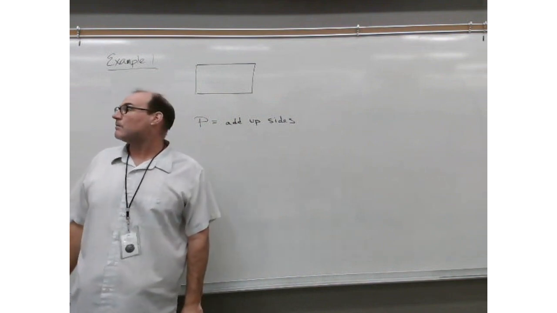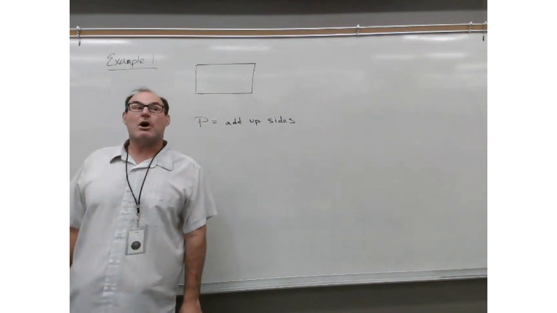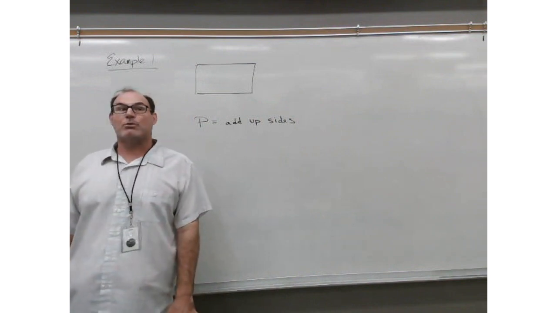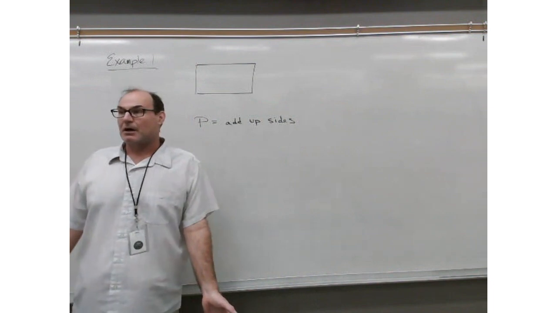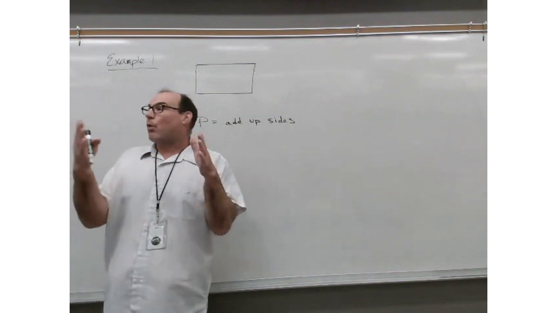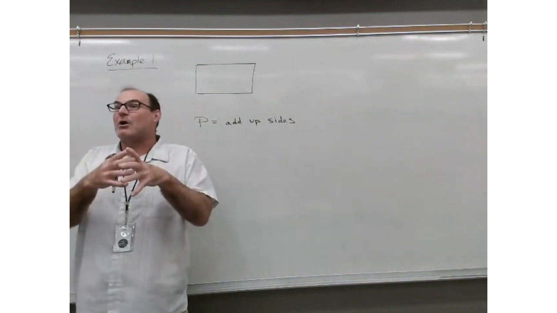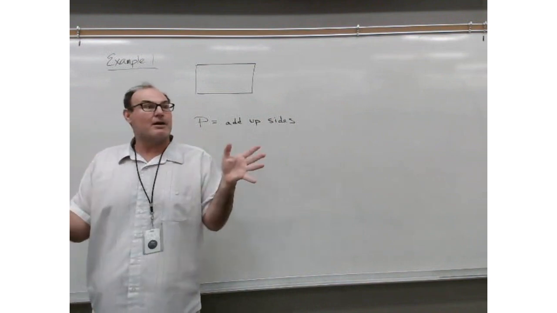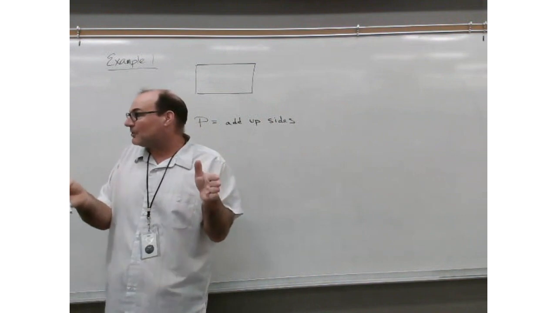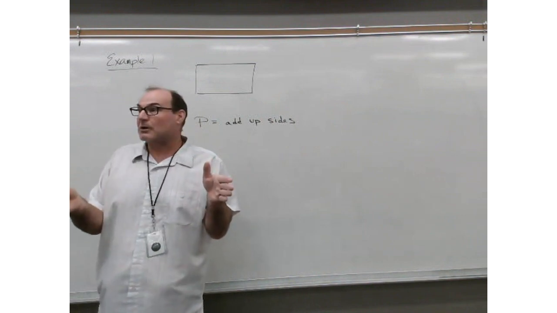What don't we know? Okay, we don't know the width, we don't know the length, but we do know a relationship. Once we find one, we can then find the other. What's the first one that we don't know anything about? The width. But we're told once we do find the width, I can find the length. Would everybody agree with that?